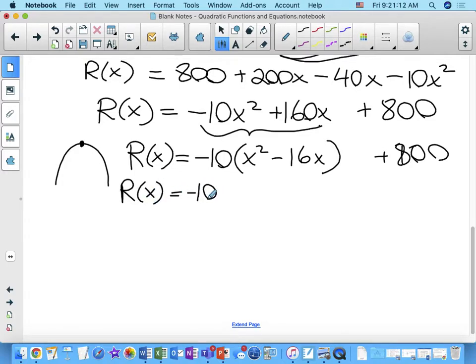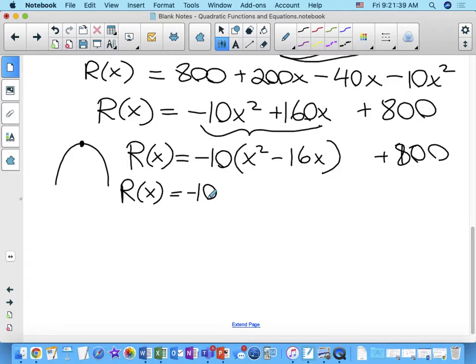Okay, what next? What should I do next? Yes, divide negative 16 by 2, which is negative 8. Square it.